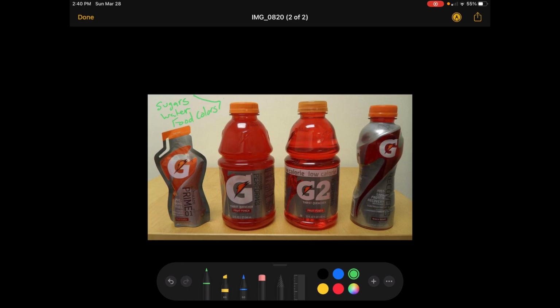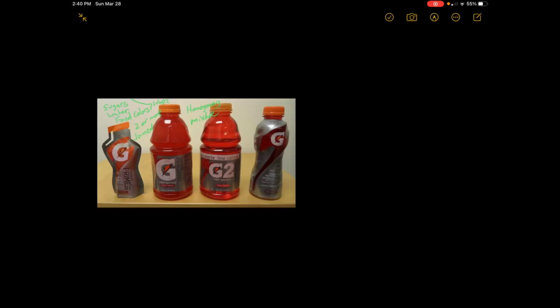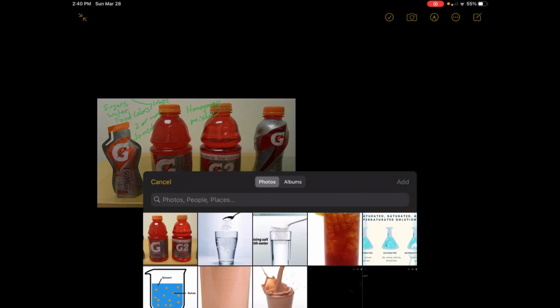These are all substances, two or more substances, and they're joined inside of a homogeneous mixture.